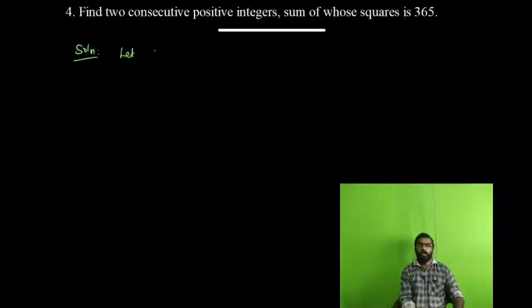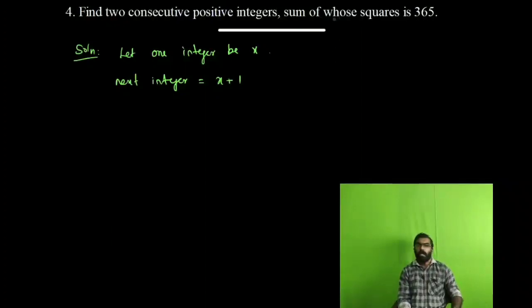So let one integer be x. Consecutive means nearest, continuous, successive integers. So the next integer will be x plus 1. Okay, 1, 2, 3, 4, etc. So if one is x, the other one is 1 more than the previous one, x plus 1.